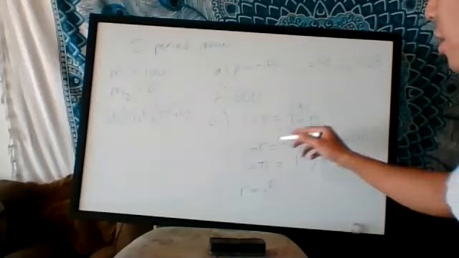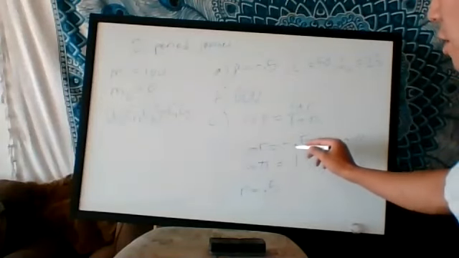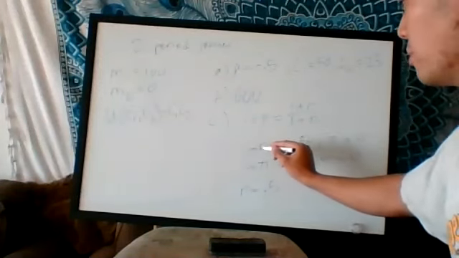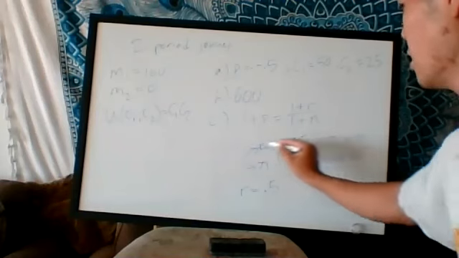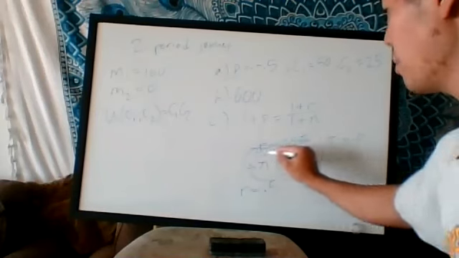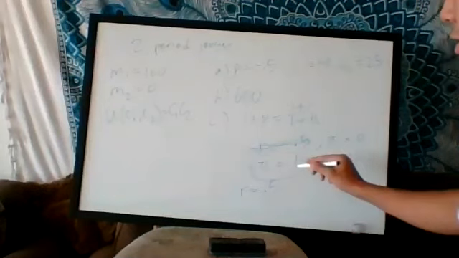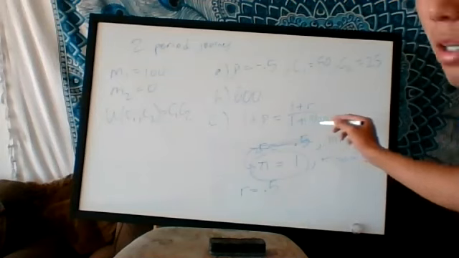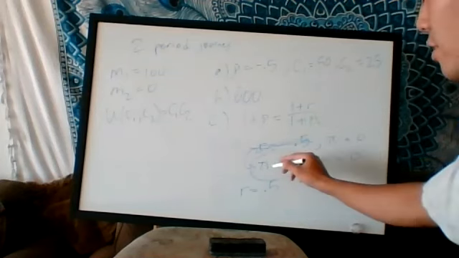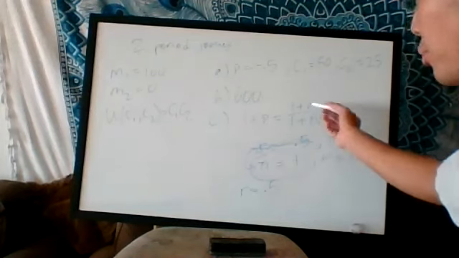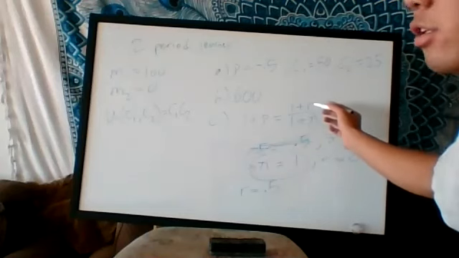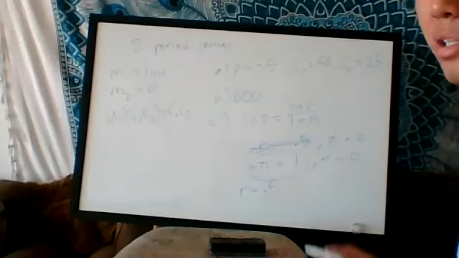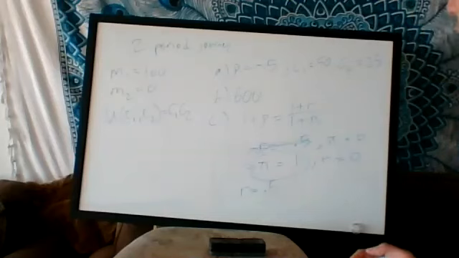Now, because of the options that we chose here, we want to assume that in part A we chose pi as being equal to 1, because now we have a value for r and we have a value for pi. Whereas if we didn't know that we could have used pi equal to 1, we would have been kind of stuck, because we would have had 2 values for r and nothing for pi, and it would have been really confusing, right?